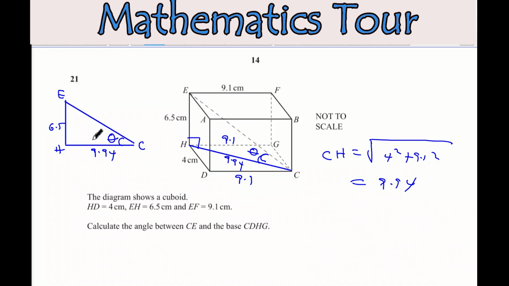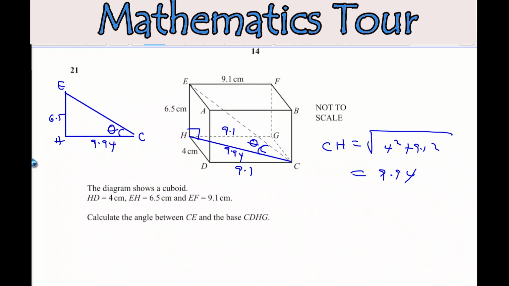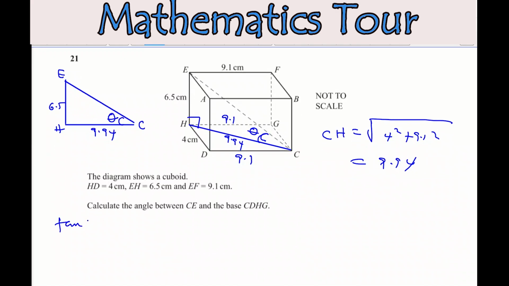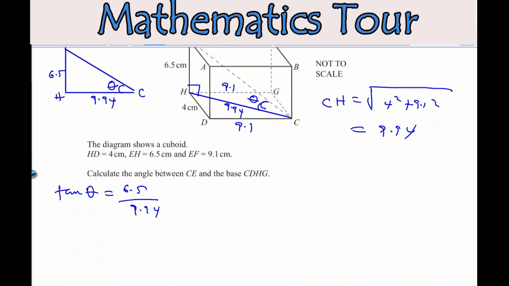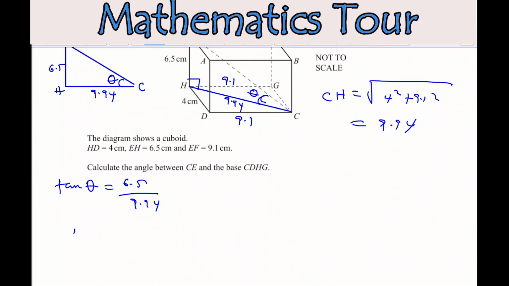So I can use TOA, that is tan, opposite over adjacent. So from here I can say tan theta equals our opposite, which is 6.5, over adjacent 9.94. So I can take tan inverse of both sides. Theta will be equal to tan inverse of 6.5 over 9.94.